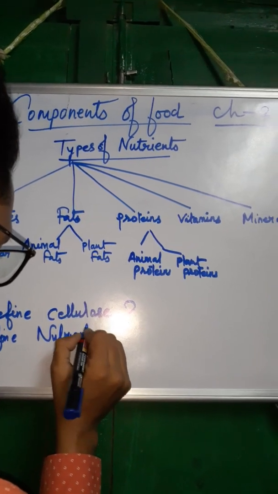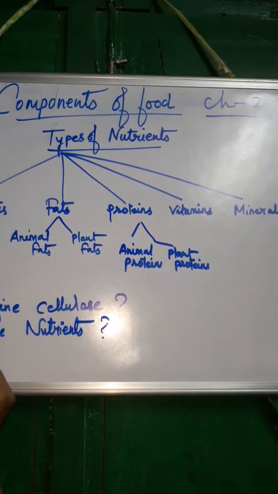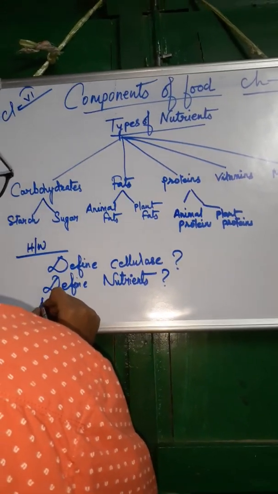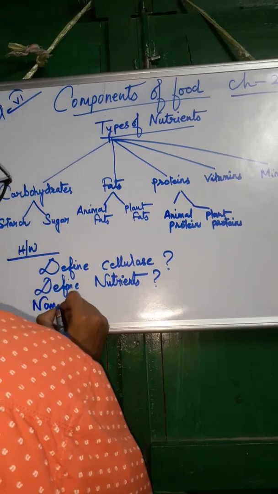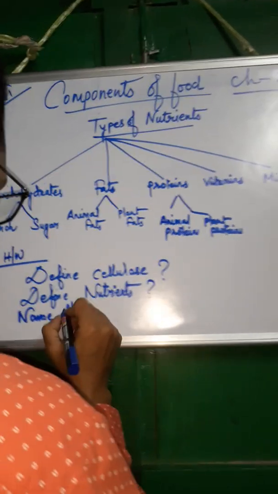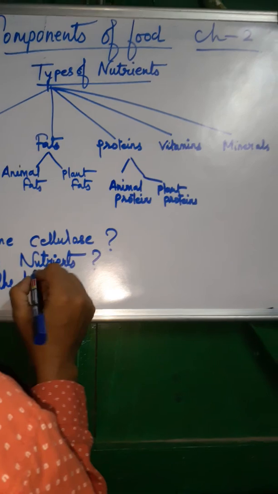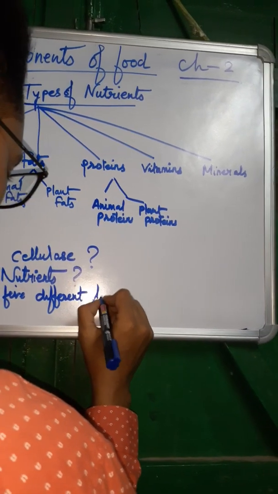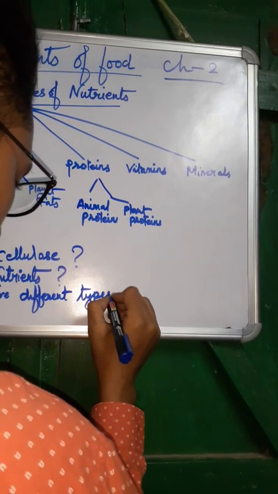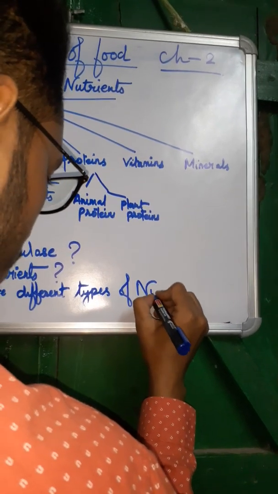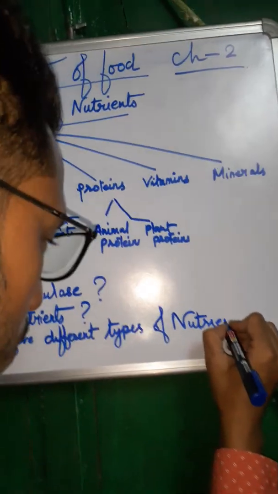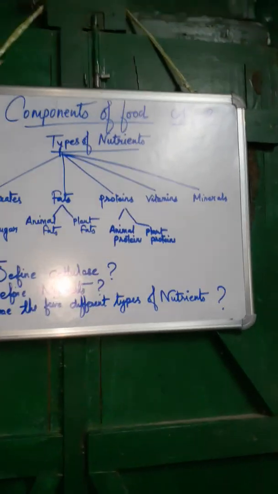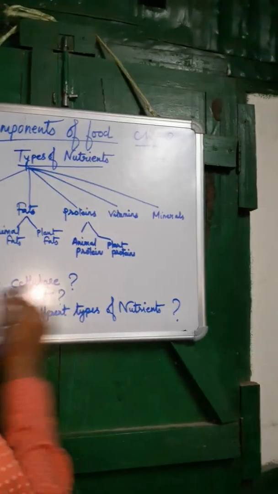Define nutrients. Name the five different types of nutrients. So this is your homework.